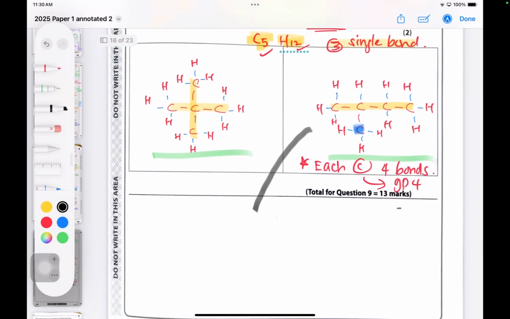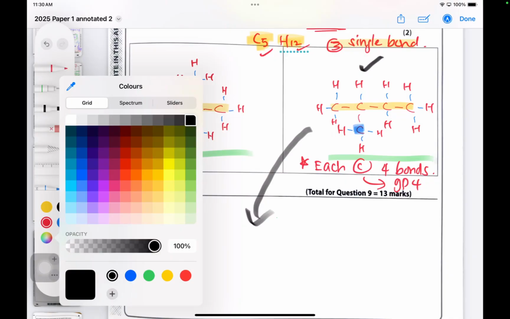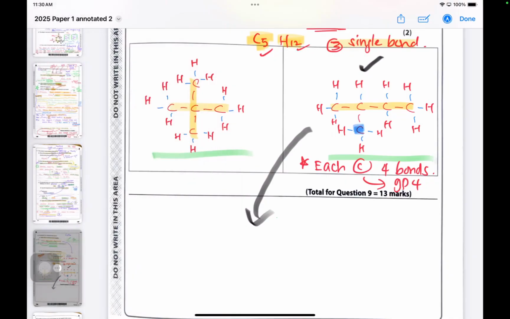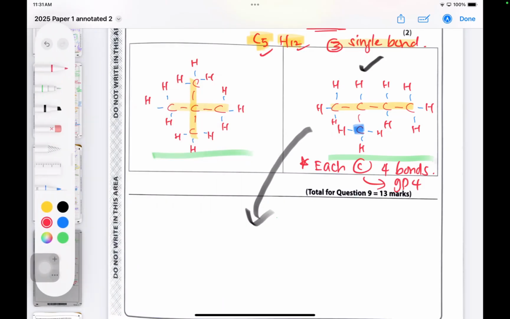Now, what is considered a wrong example? I'm just going to show you. Now, say for example, you have drawn this, and your next example, you drew things like this. Okay, if you draw things like this, 4 in a line, and then you extend the other C over here, why is this not an isomer?